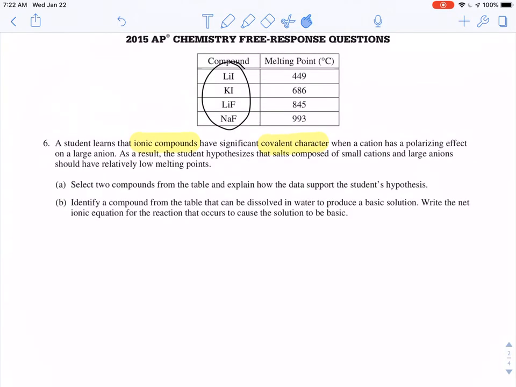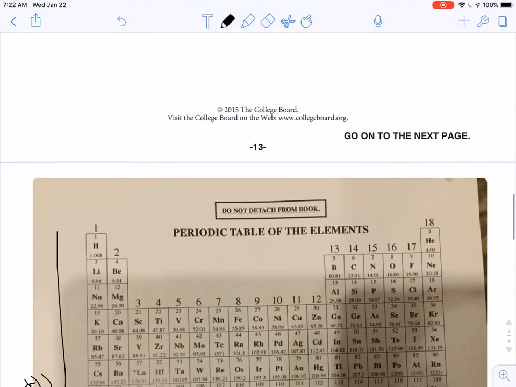So we have to identify 2 compounds in the table, one having smaller cations and larger anions, and this compound should have a lower melting point than one that has larger cations and/or smaller anions. So if we look at the first 2 compounds, lithium iodide and potassium iodide, they have the same anion, and we can go to the periodic table.